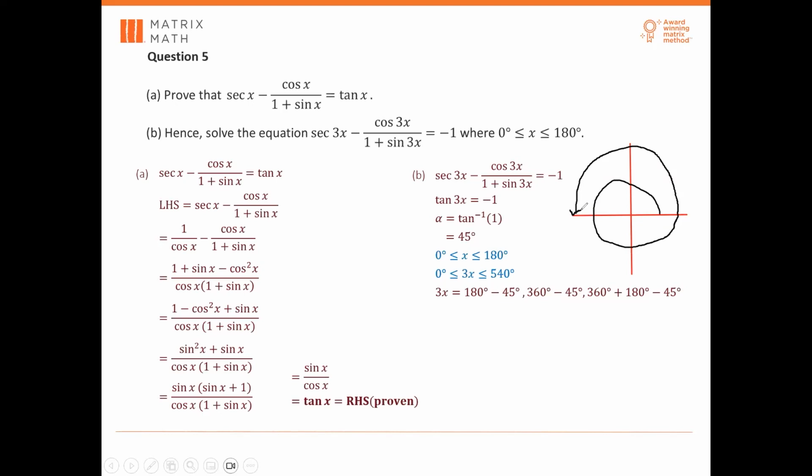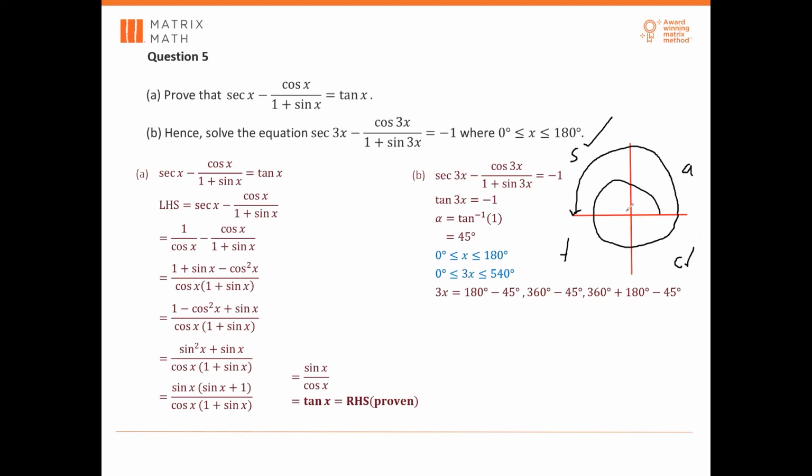So now your tangent 3x gives you a negative value, right? So this is A. This is S. This is T. And this is C. So it gives you negative, it can't fall here. It has to fall in the sine quadrant or the cosine quadrant. So for the range from 0 to 360 is quite easy.